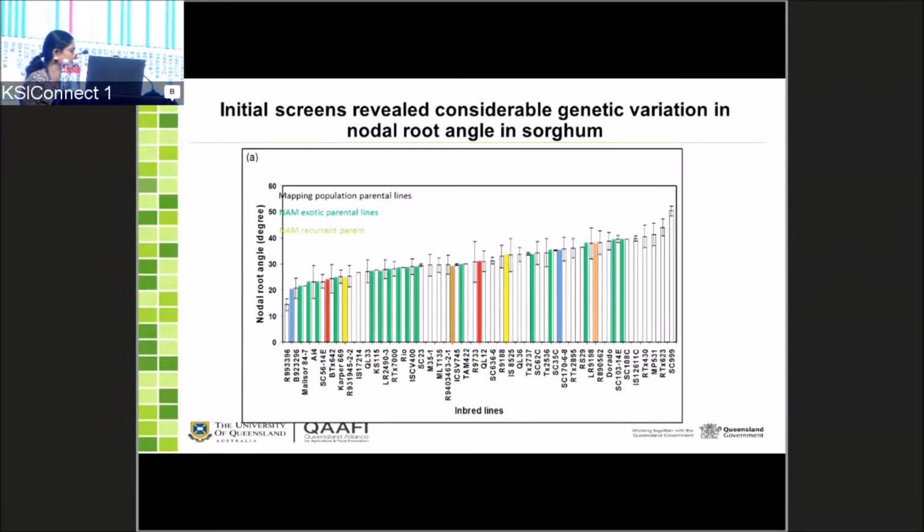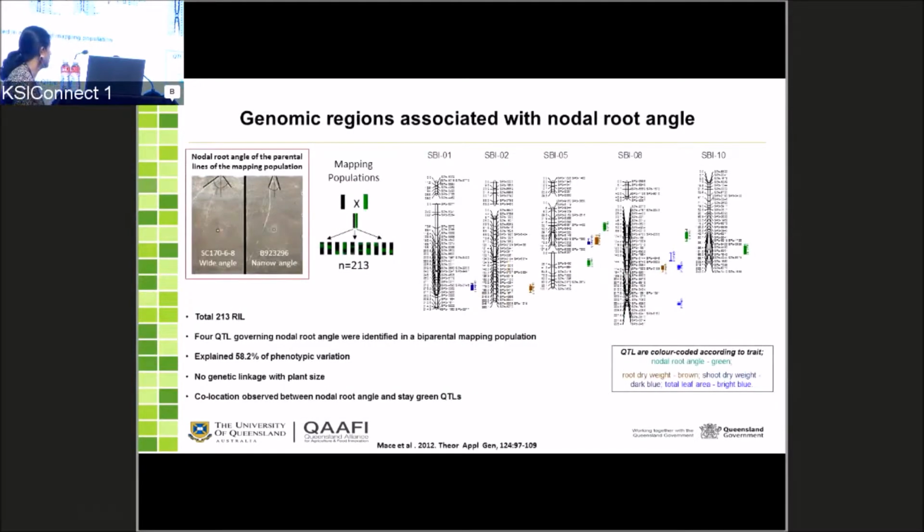Initially, we screened around 70 inbred lines, and you can see here in this photograph, there is a big variation in nodal root angle between these lines. This varies from 15 to 55. Then we screened around 213 RIL population, and we identified 4 nodal root angle QTL colored by green.